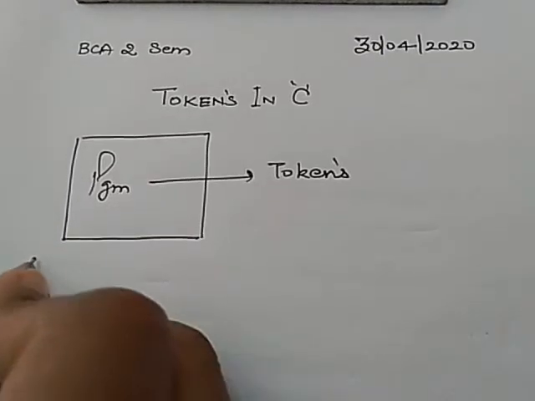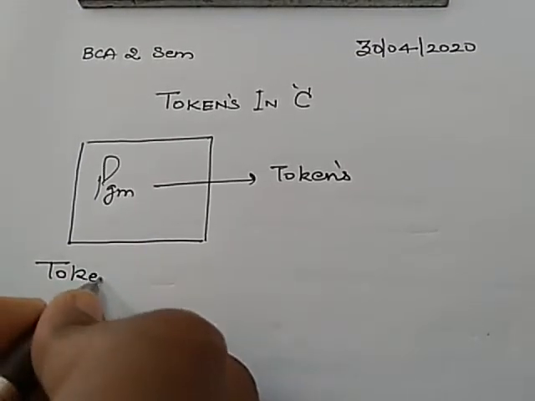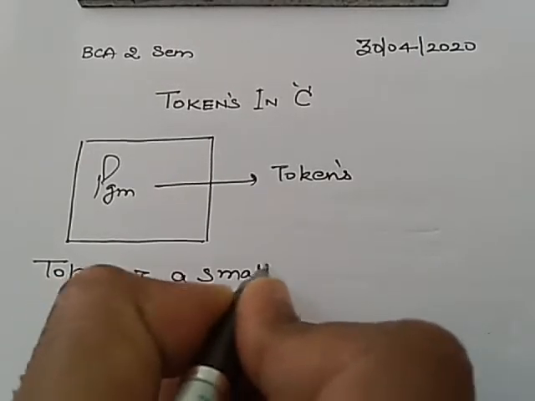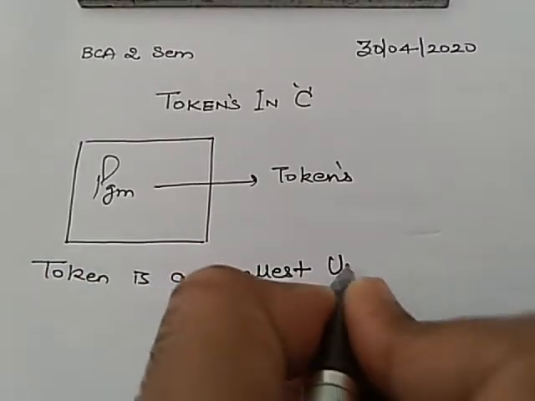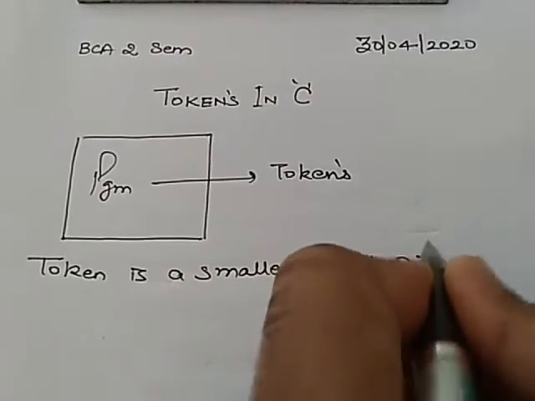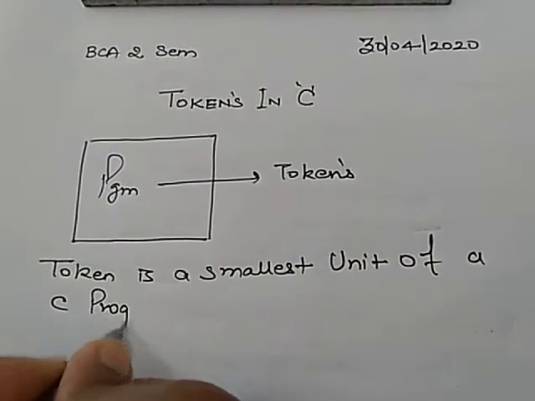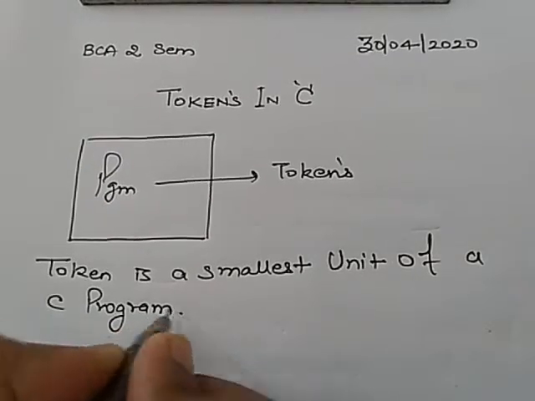So we can say that a token is the smallest unit of a C program.